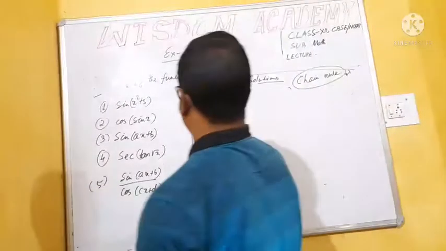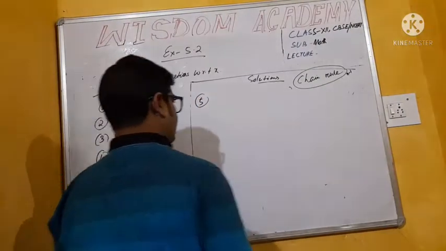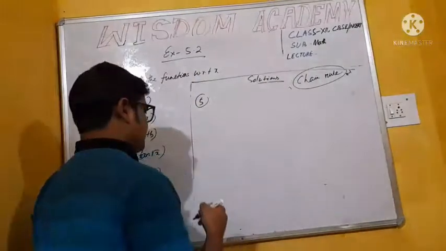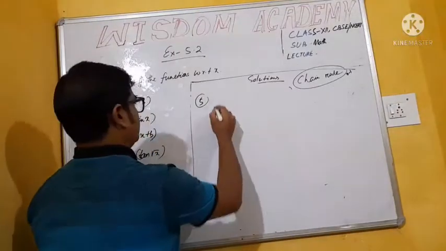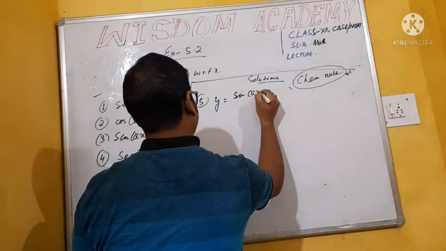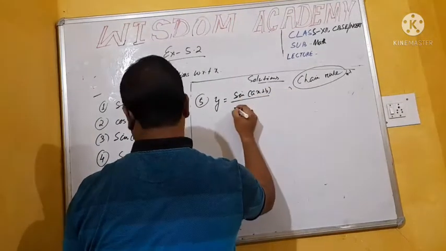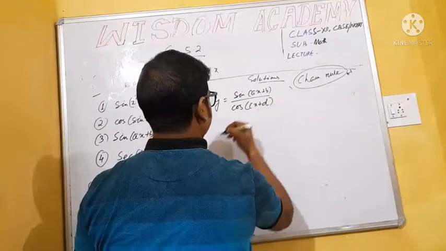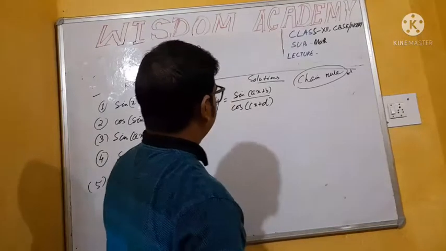Student, number 5 is a very important question. It's a lengthy question, so you can adopt a very short method. y is sine of ax plus b upon cos of cx plus d.